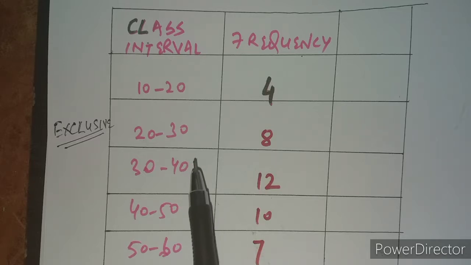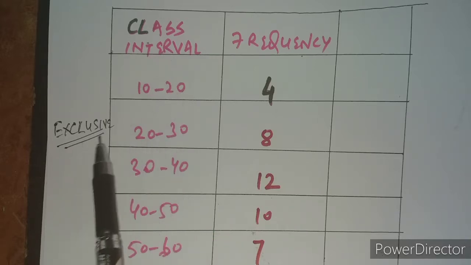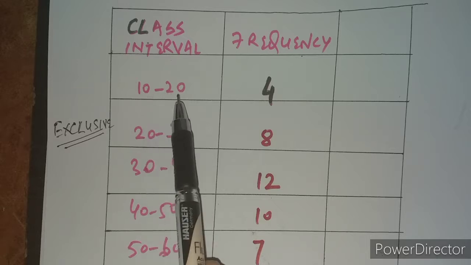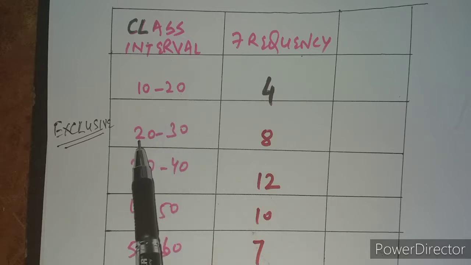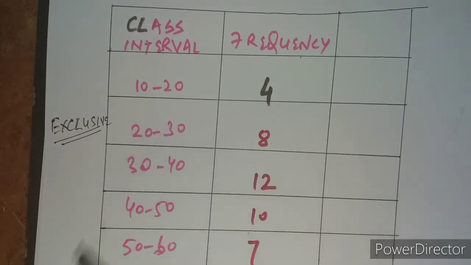Just like previously, it is very important that our data should be exclusive, meaning the data should be continuous. The upper limit of the first class interval should be the same as the lower limit of the second one. These should coincide. Only then we say the data is exclusive. If it is not, make sure that before starting any histogram or frequency polygon, you make it exclusive.